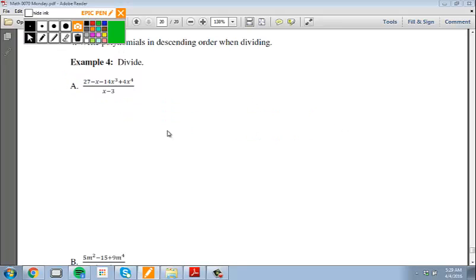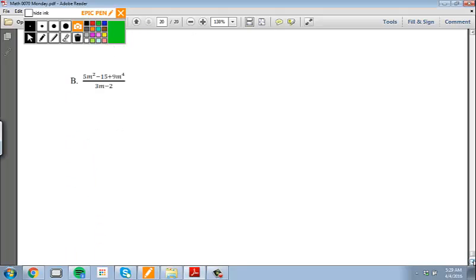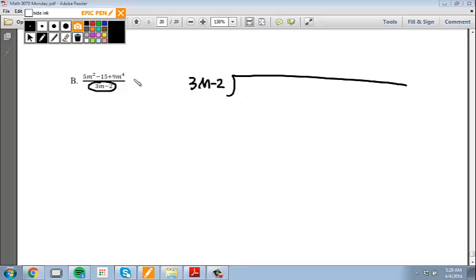Alright, so let's look at example B. I will do example B though, because it's a little bit more difficult. So we have a binomial in the denominator, so we have 3m minus 2 goes into, now I'm going to write this in descending order, 9m to the 4th, and then 5m squared minus 15, but we don't have any cubed terms here, so we have 0m cubed, and we have 0m.